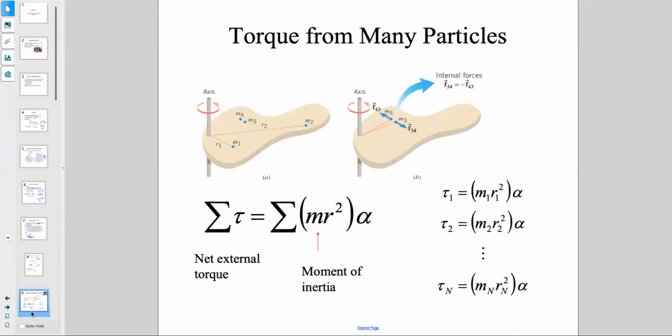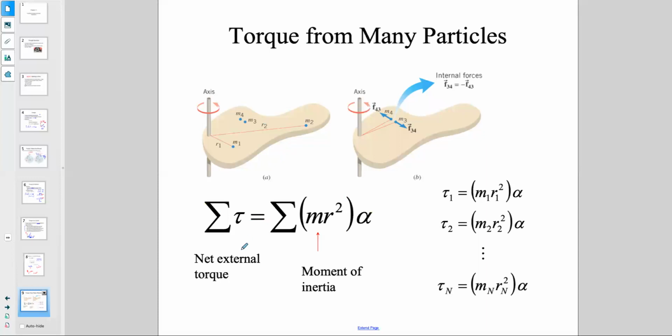So if I have a torque not of only one object, but of an object that is composed of many other objects, a system of objects, for example, m1, m2, m3, m4, and so on and so forth.